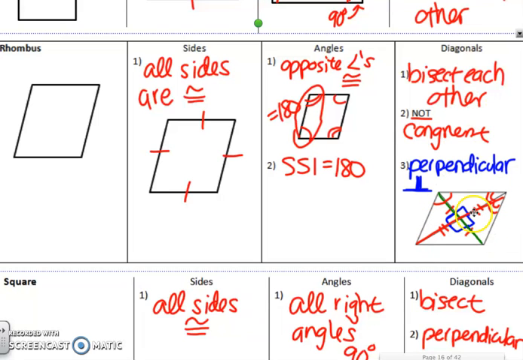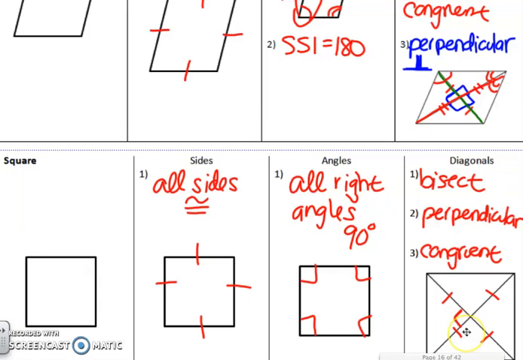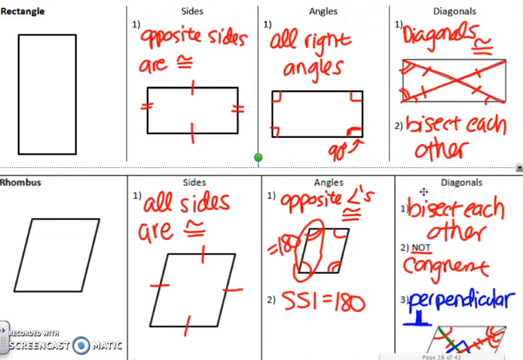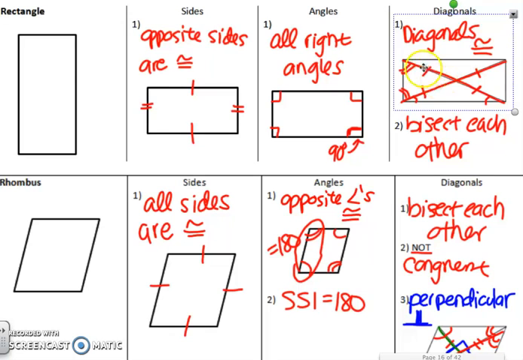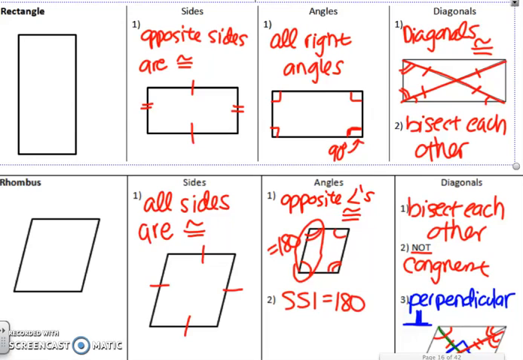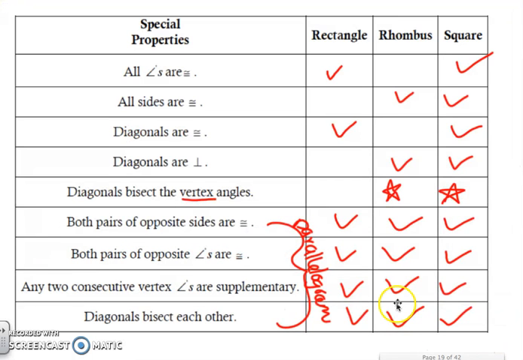So that's going to be true in a rhombus and even true in a square. So this angle is going to be congruent to this one. This angle is going to be congruent to that one. Now the reason it doesn't happen in a rectangle is because this obviously is a very acute angle and this one's bigger, okay? So that's a little bit of a clear up on that.